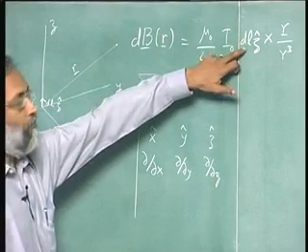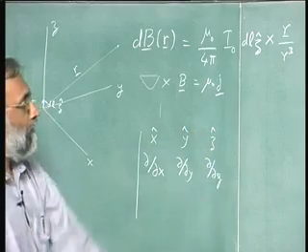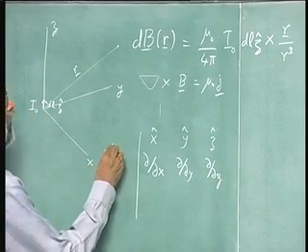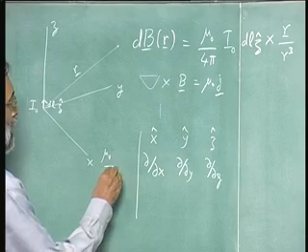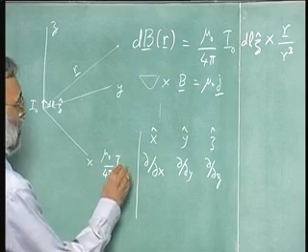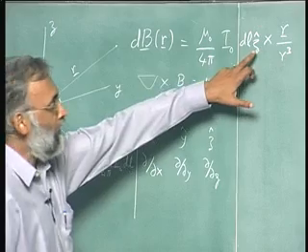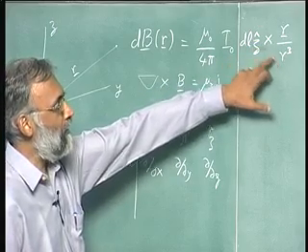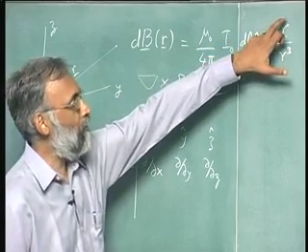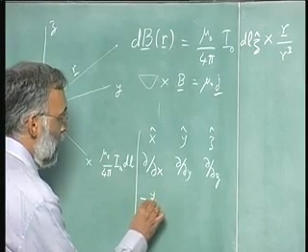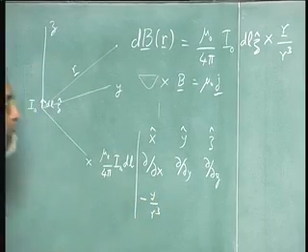The x component of this vector, let me pull the constant parts out, mu naught over 4 pi I naught dl. The x component of this vector is z cross minus y, so it is going to be minus y over r cubed.